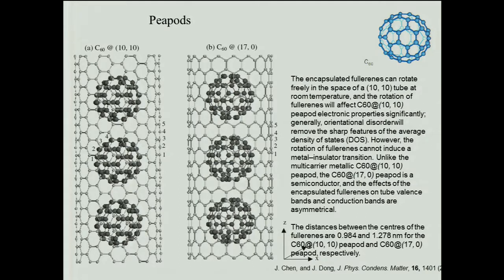So, you can move the fullerenes and your electronic properties change. Nobody has been able to do it yet, but there are ideas where you would have some reactions going on inside the fullerenes in this space, and you would be able to monitor as it moves through.